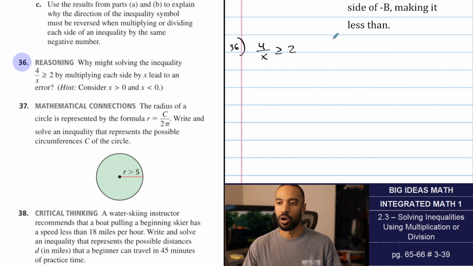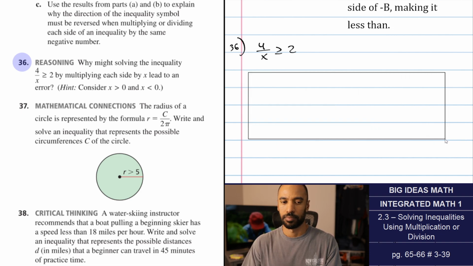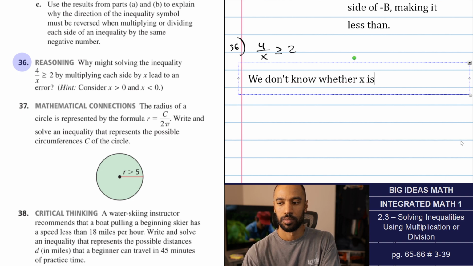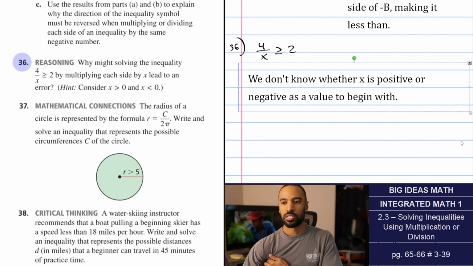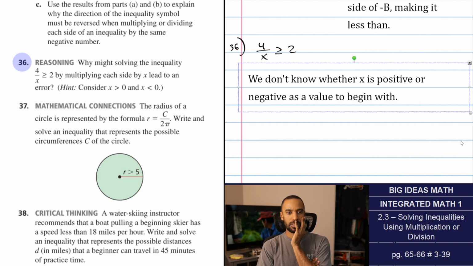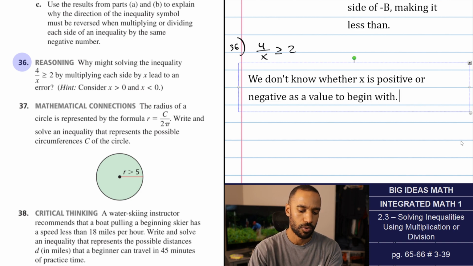Yeah, we don't know whether x is positive or negative as a value to begin with. You might say, we'll solve for it by doing this thing. It doesn't quite work that way. If it was negative, you would be dividing by the negative, and then it just doesn't really work like that, right? So then it flips the inequality. I think that's just the big thing. You may need to reverse the inequality when multiplying by the negative.